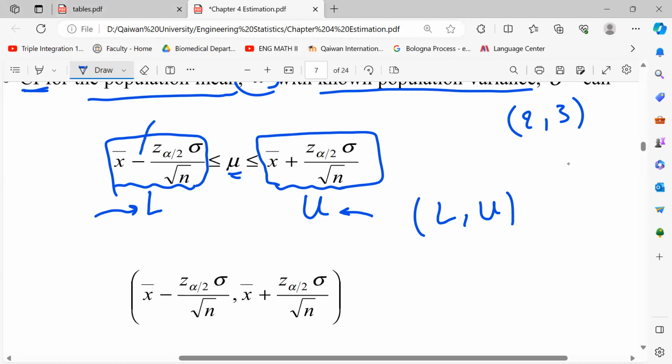Here, if this one is negative, this one is positive. The difference between these two rules is only these two signs. Here it is negative, and here it is positive. That's all.